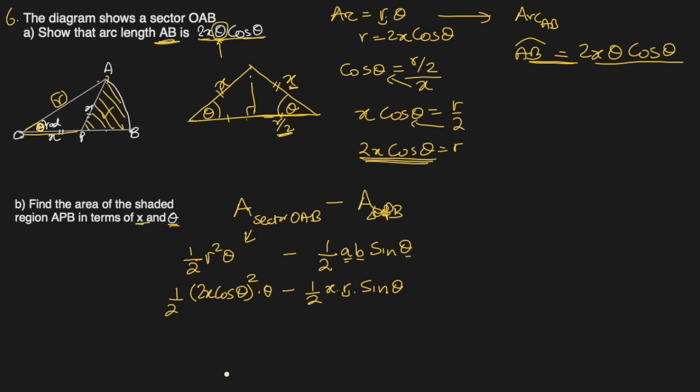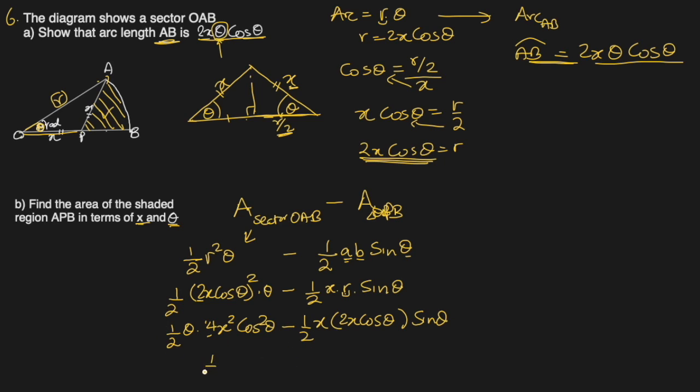Again, I'll have to replace r. Half theta 4x square cos square theta, since 2 square is 4, x square is x square, and theta I've written already in front, minus half x times 2x cos theta, and then sine theta.